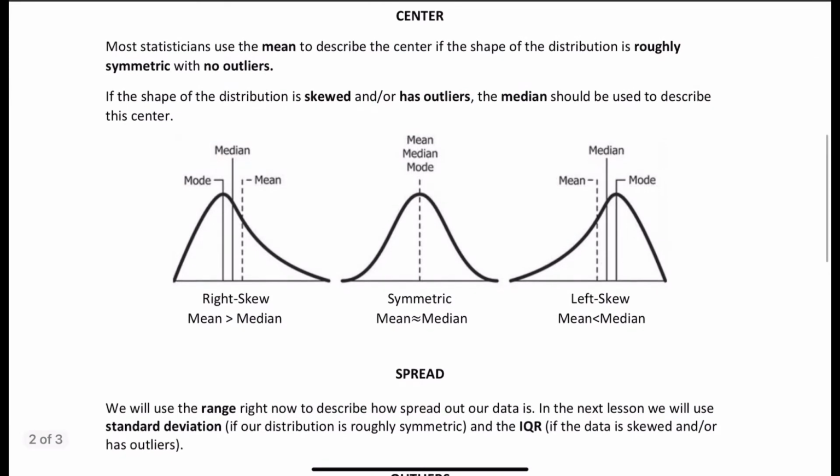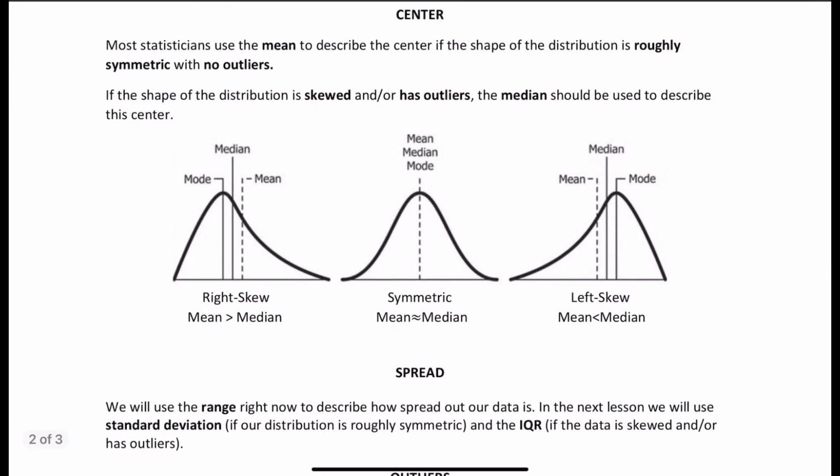And we'll look at center. We will use the mean if it's roughly symmetric with no outliers, or if it's skewed with outliers, we will use the median. Those definitions, remember, are up above. Mean is the average, and median is just the actual middle value. And it's got sort of these diagrams here where they kind of fall in between these 3 different shapes.